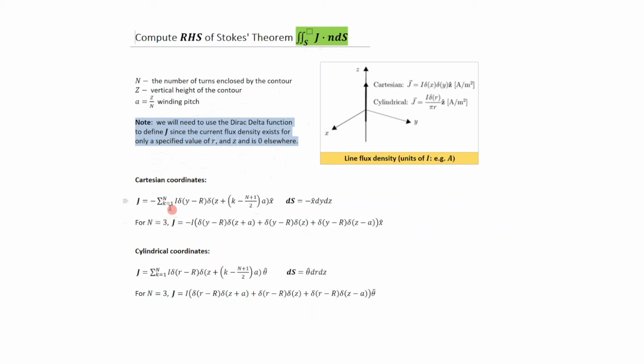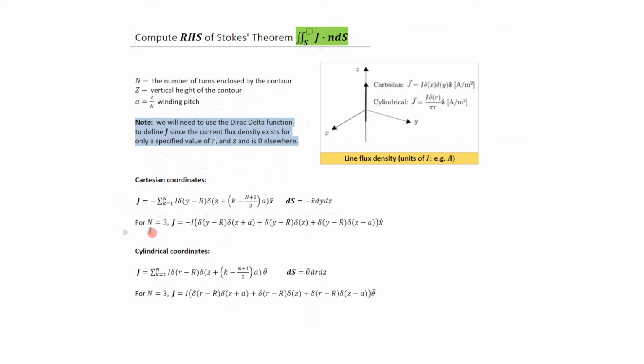And so what we're doing basically was taking a contribution due to each filament within the area bounded by the contour. And each filament has a position Y and a position Z. And so depending on the index K, we're basically pointing to a different filament that's bounded by the contour. The area ds is minus x hat dy dz. Don't forget the area vector was pointing into the blackboard, so it's minus x hat dy dz.